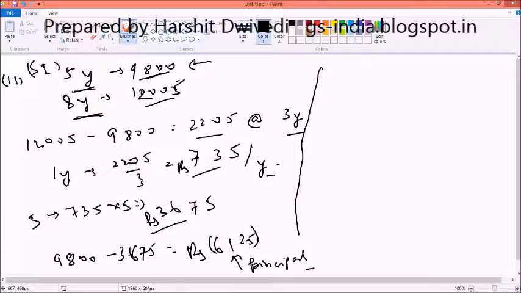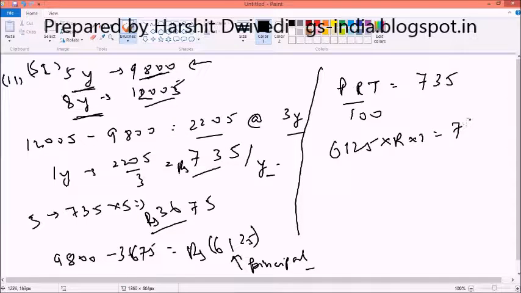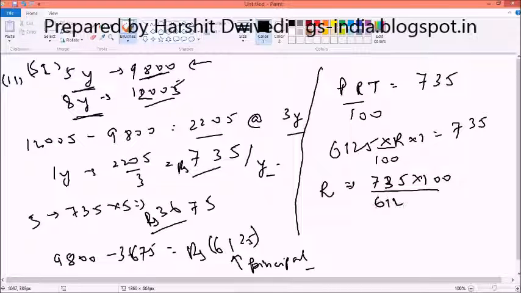Now it is very easy for us to get the exact interest rate, because we know that interest is P into R into T upon 100, and the interest for 1 year is 735. So the time period becomes 1. The principal is already known: 6125 into R into 1 is equal to 735 upon 100. So R becomes 735 into 100 by 6125.